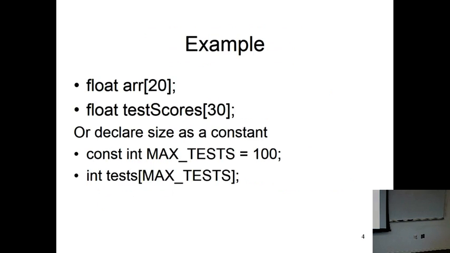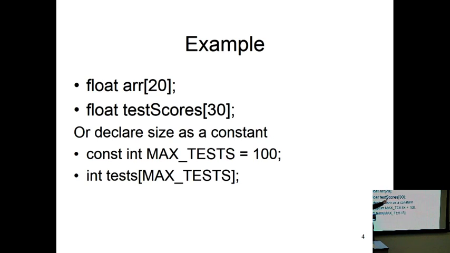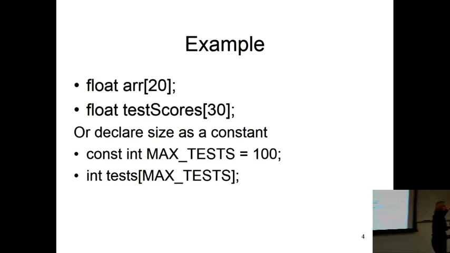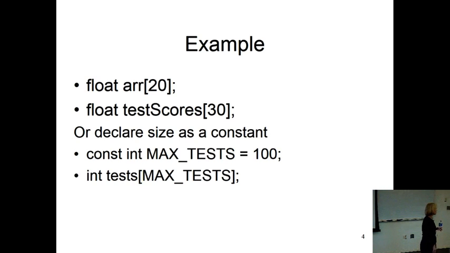So here's an example of declaring an array of test scores and allocating space for how many of them? 30. So float test scores sub 30 means in memory, space will be allocated for 30 of those. Okay? So that statement allocates space for all of them.